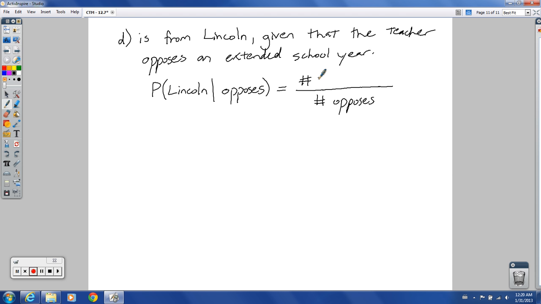And so the number up here is the number that opposes and is from Lincoln. So this equals 25 over 52. Now if you try to reduce these, you can't. 25 is only divisible, other than by itself and 1, by 5. 5 does not go into 52. Therefore, no whole numbers divide evenly into those. That's reduced as much as possible.